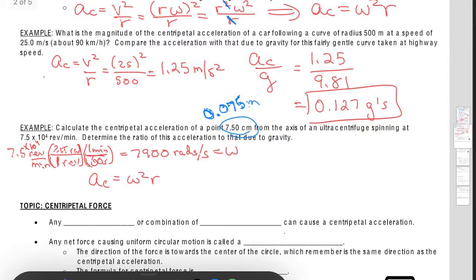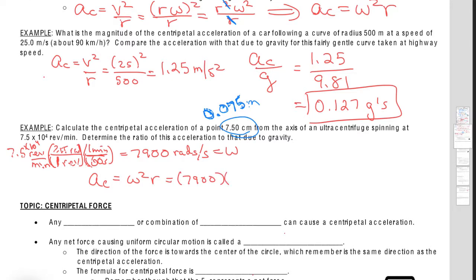Okay, and so when we do that, we're going to do omega squared, so 7,900, I forgot to square that, 7,900 squared times 0.075, and we get an answer of 4.68 times 10 to the 6th meters per second squared.